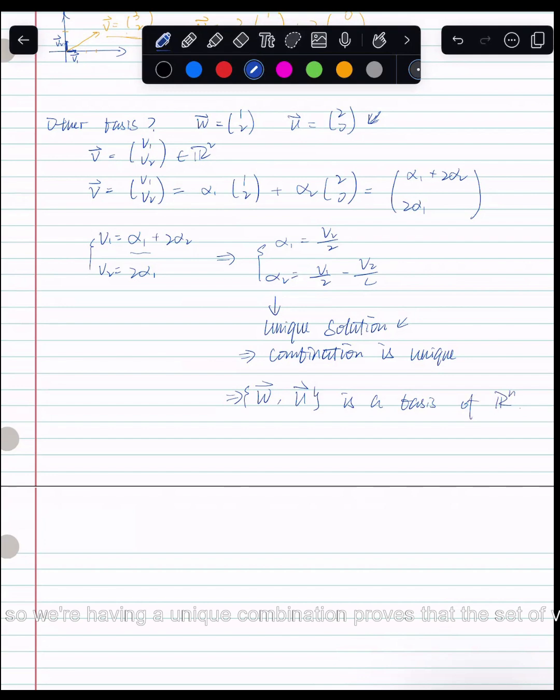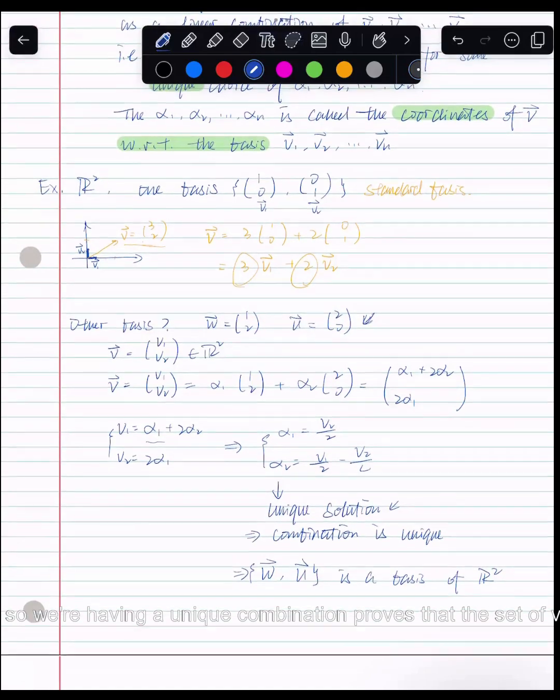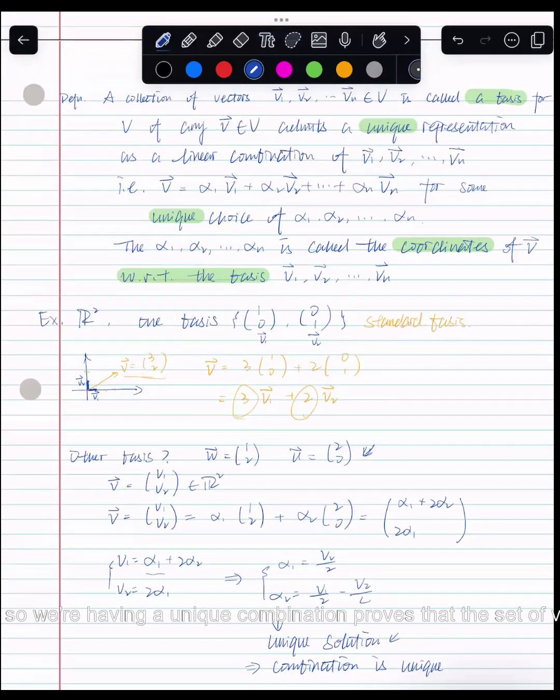Having a unique combination proves that the set of vectors is a basis. But we will introduce another definition of basis that is more straightforward, instead of going back to see if it's unique.